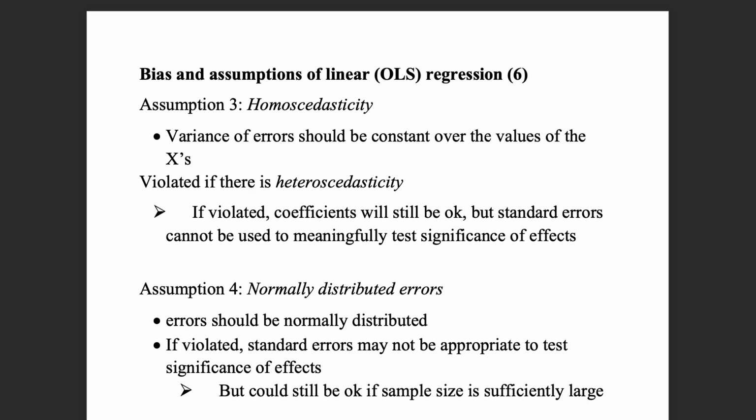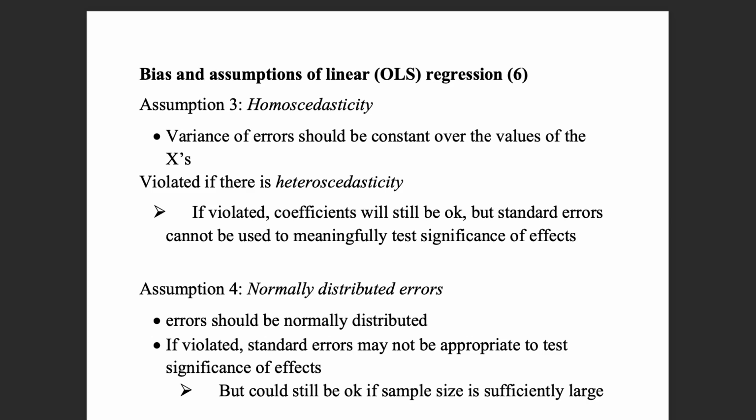And basically that goes for both these assumptions, assumption 3 of homoscedasticity and assumption 4 of normally distributed errors. Both of them aren't really terrible for the estimates that you get for your coefficients, although with heteroscedasticity there would be other ways of more efficiently using the data that you have. But they pose a problem for your standard errors.